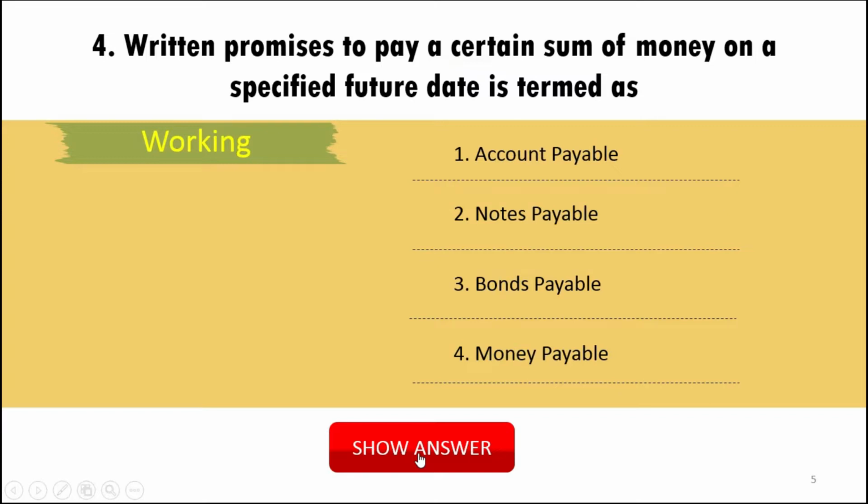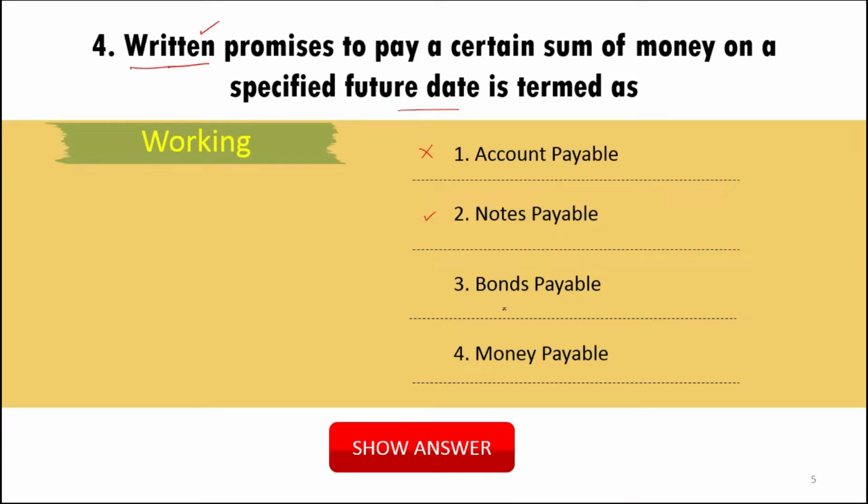Next, question number 4: written promises to pay a certain sum of money on a specified future date is termed as. Remember, written promise. Account payable? No, account payable is not a written promise, it is an oral promise. Notes payable, yes, note payable is the written promise.